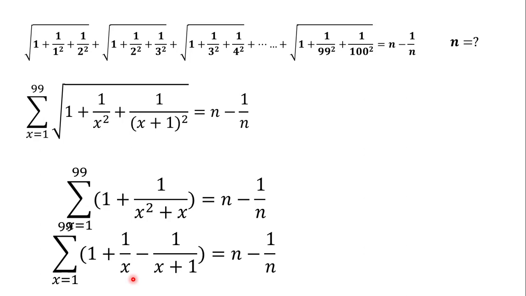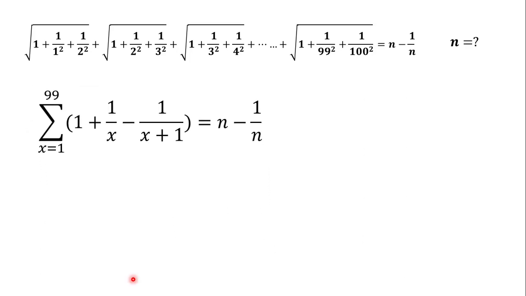Now we need to start by expanding this series. By replacing x by 1, 2, 3 to 99, we will have 99 terms, each of them having 3 terms.